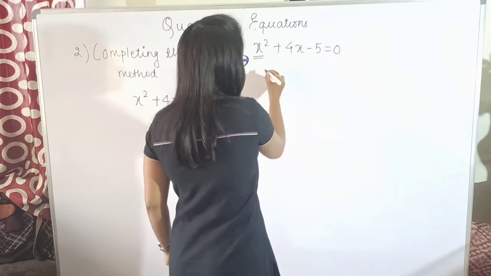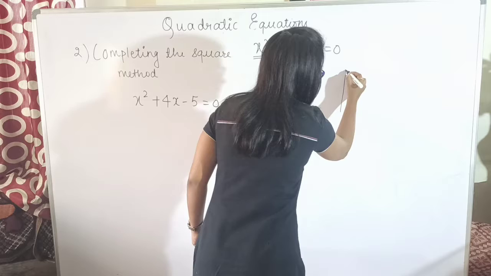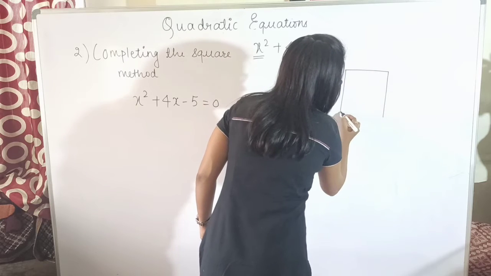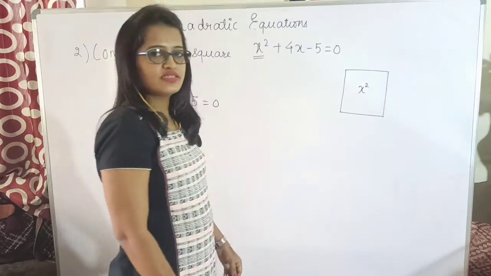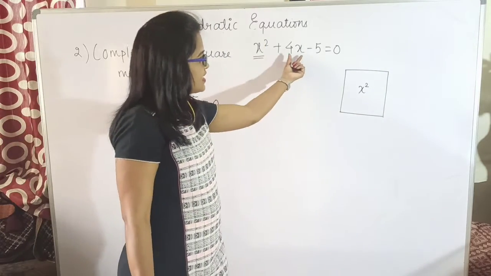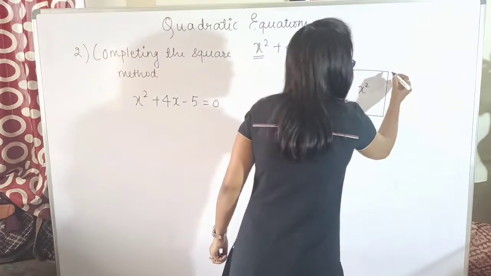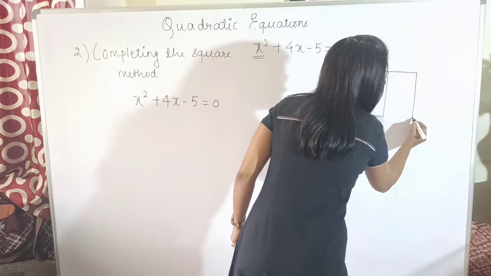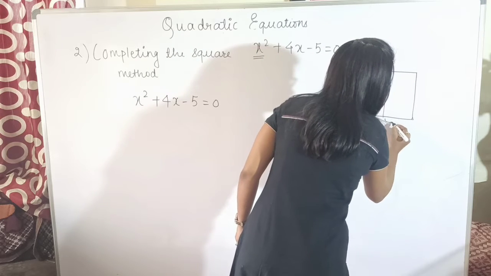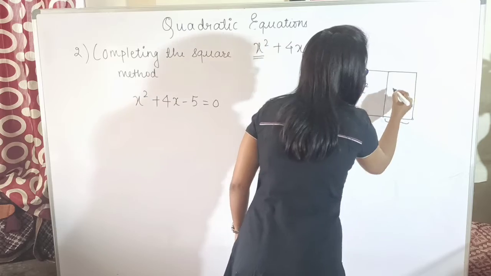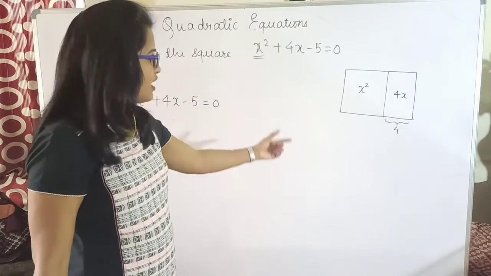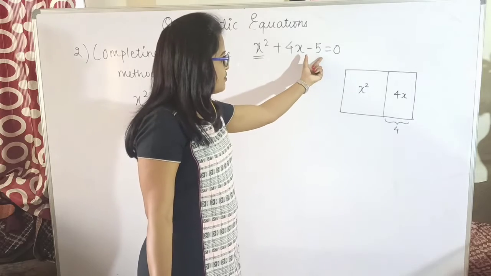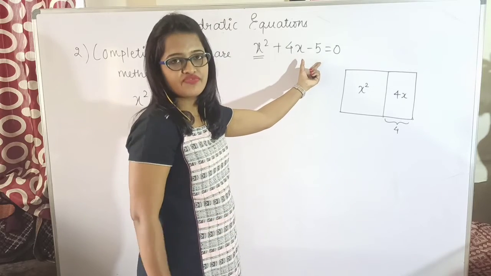The first term x square, so graphically I will be drawing a square whose side is x, hence its area will be x square. The next term is 4x. I will draw a rectangle whose breadth is 4 and whose length is x, so that its area is 4x. So I have got x square plus 4x, but now I have to subtract 5.